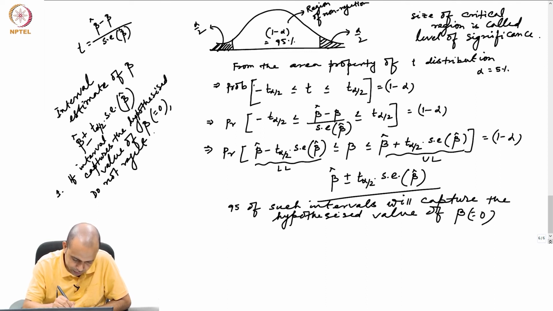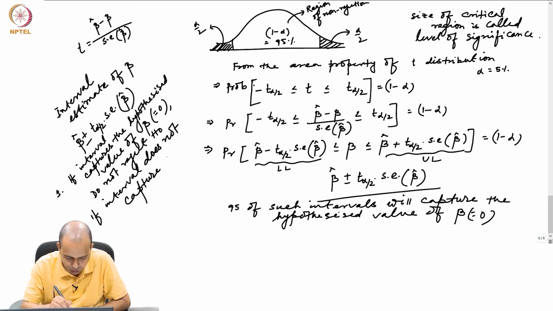And if interval does not capture the hypothesized value of beta, then reject H naught.